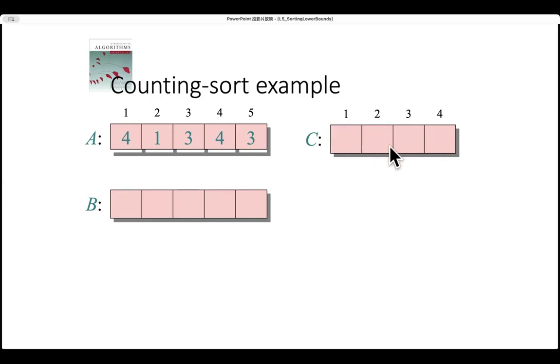Let me use student ID or personal ID as an example again. At NCU, how many students do we have? I think the active student number is bounded by 20,000, not too many.